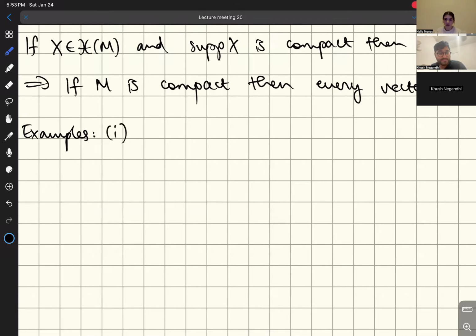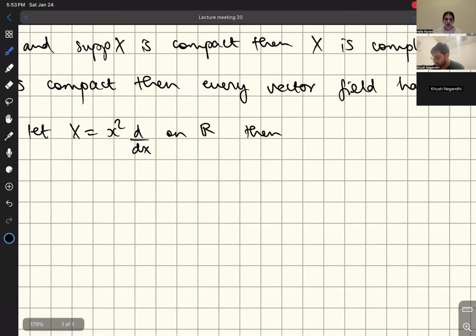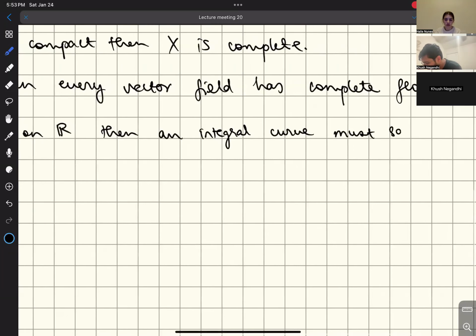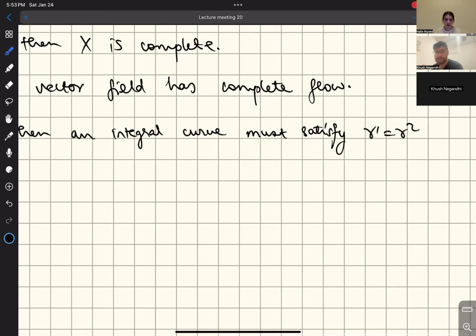Let X be this vector field on R. Then an integral curve must satisfy gamma prime equals gamma squared. And this ODE is pretty straightforward.